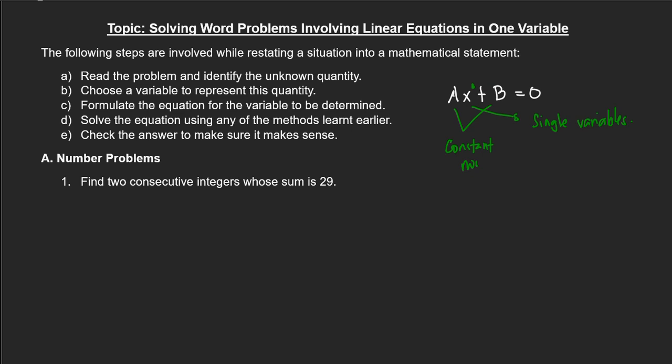So, basically, you just have to apply a certain method in order for you to solve the given equation. And last one is you have to check your answer just to make sure your process is correct. Now, here in our example, we will deal with number problems at the same time the age problem.